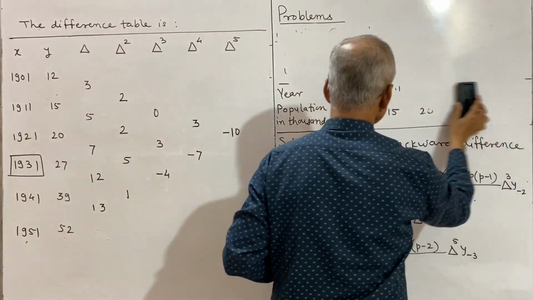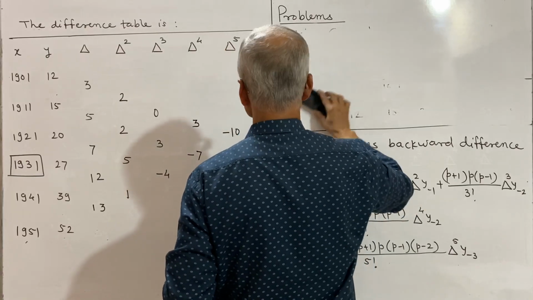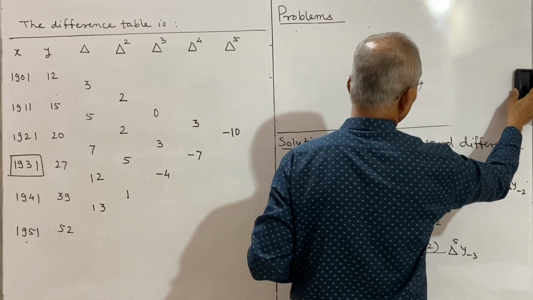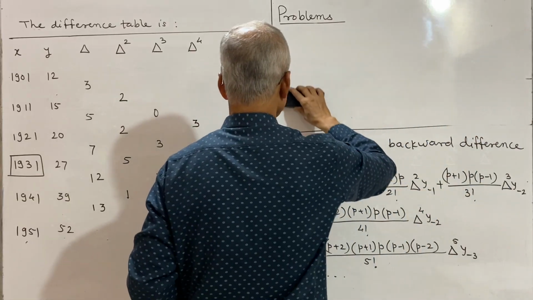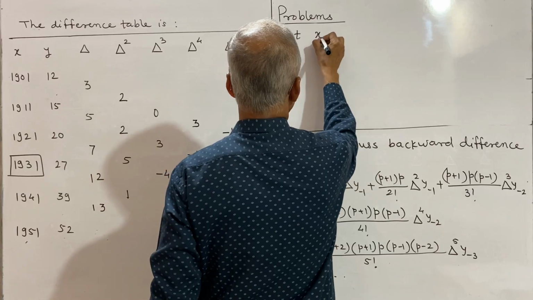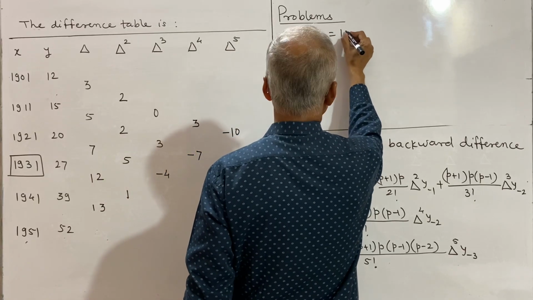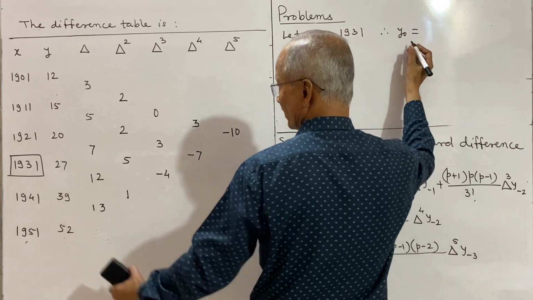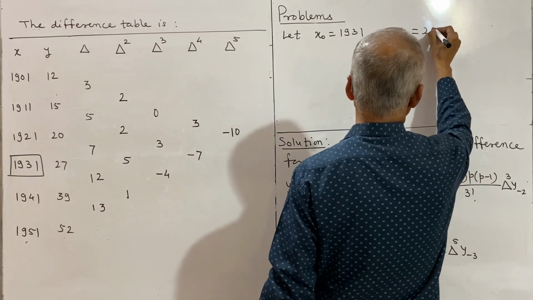What is x naught? We have considered 1931, and the estimate is to be obtained for 1928. So let x naught be equal to 1931, and therefore y naught is the corresponding value, that is 27 in thousands.